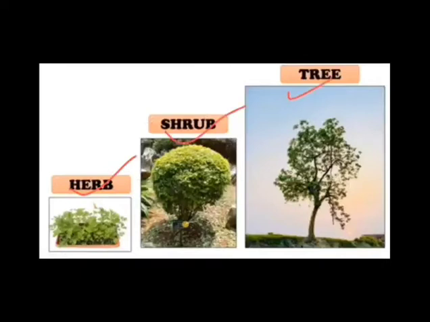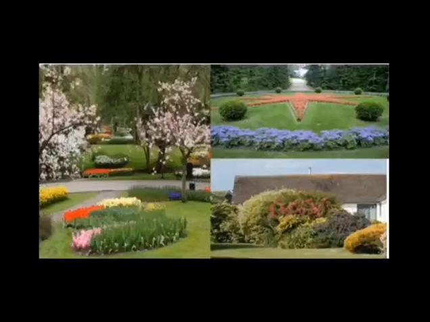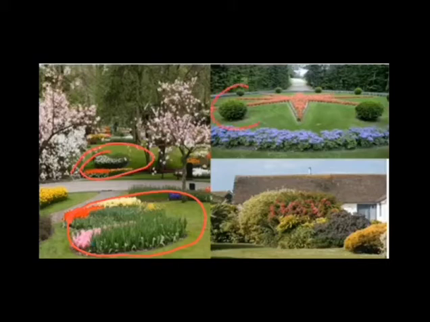Alright, so in this picture we can easily differentiate between the herbs, shrubs and trees. These smaller ones which are green and have a soft stem are known as herbs. These are also herbs, right? And these are the shrubs.